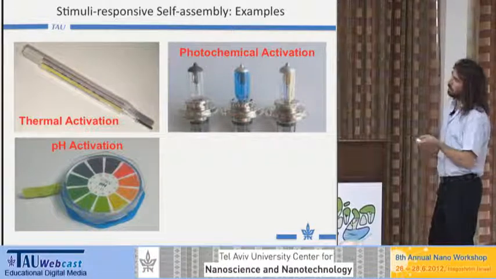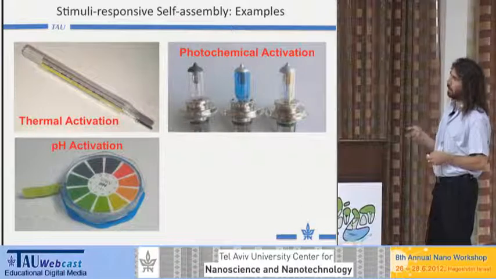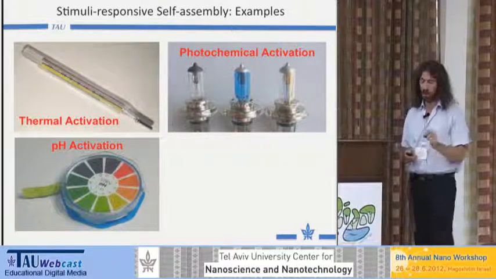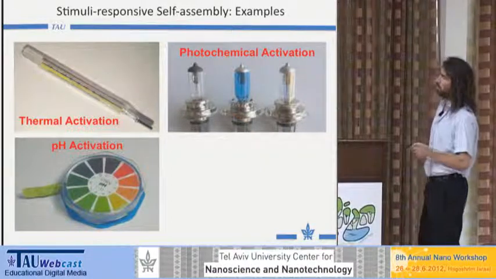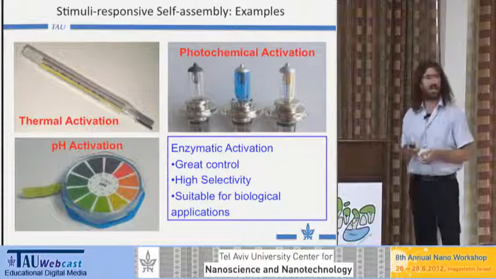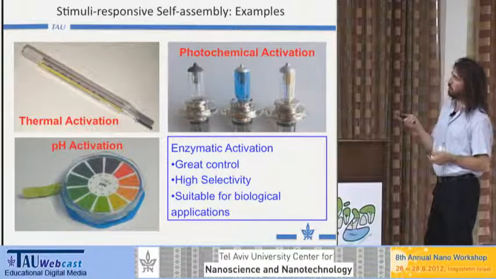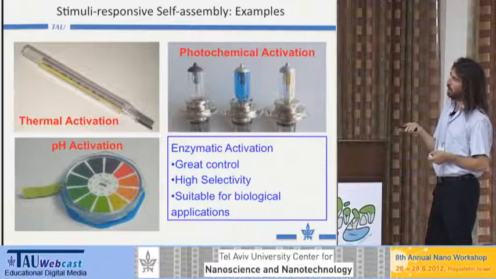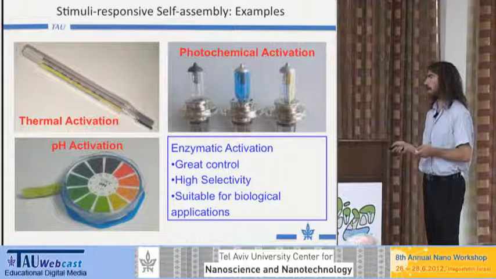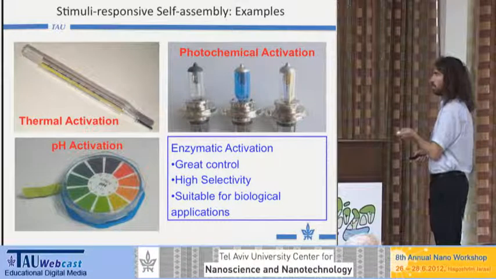It seems that all these types of activation are actually quite hard to tune to the biological environment. The one method that is missing is the enzymatic activation of this process. And obviously, enzymatic activation should allow us to have great control and selectivity over the process due to the nature of enzymatic reactions, and also be highly suitable for biological applications.